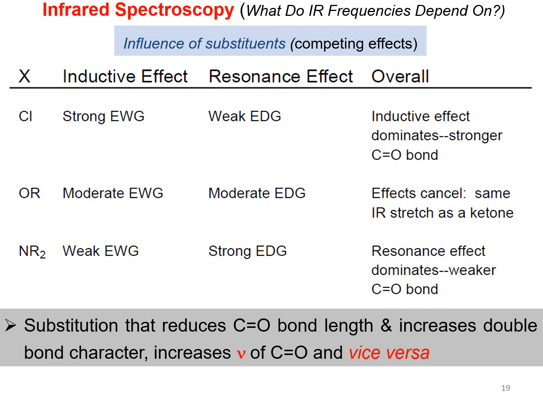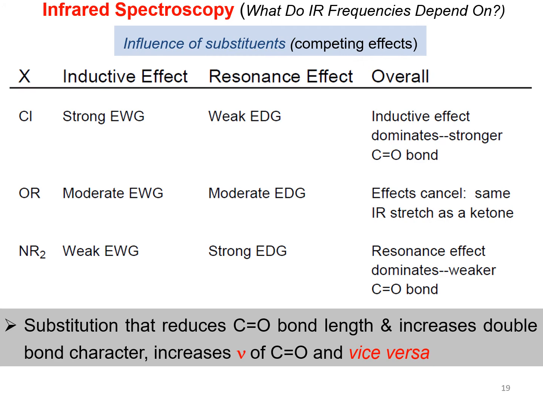In the chloride group, the inductive effect dominates over the electron donating effect. The electron withdrawing effect is higher in the case of the chloride group. The ether group, OR, is a moderate electron withdrawing group and a moderate electron donating group, so there is not much net effect.